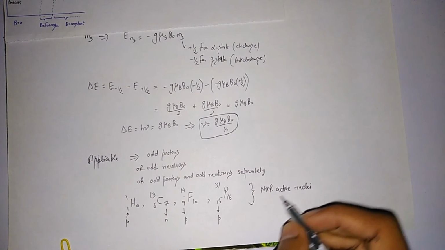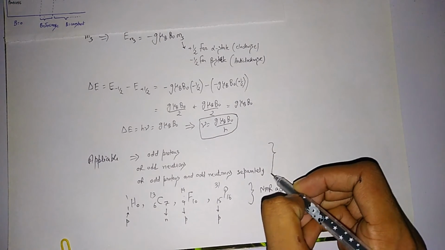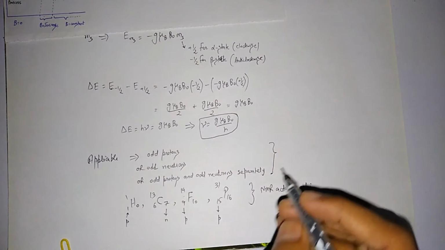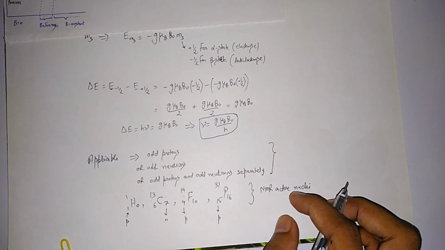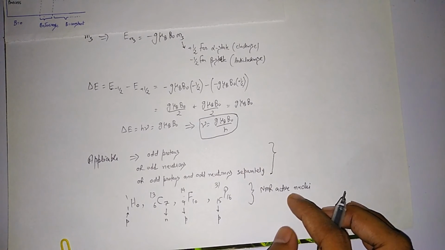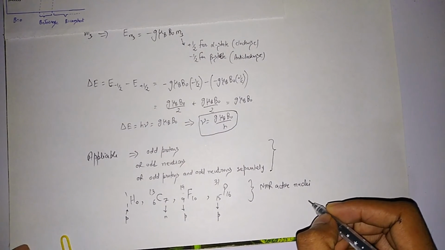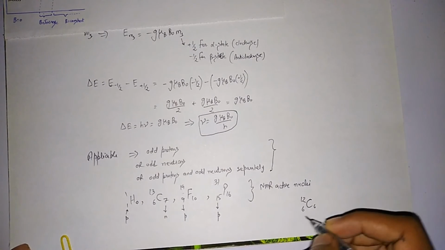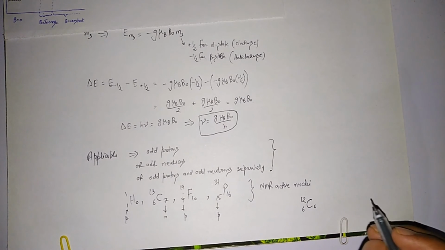These conditions are the requirement for NMR active nuclei, because these kinds of nuclei have quantized spin angular momentum and magnetic moment. That's why these kinds of nuclei are NMR active nuclei. And you can also consider the nucleus carbon 12, with 6 protons and 6 neutrons, which doesn't have an odd proton or an odd neutron.